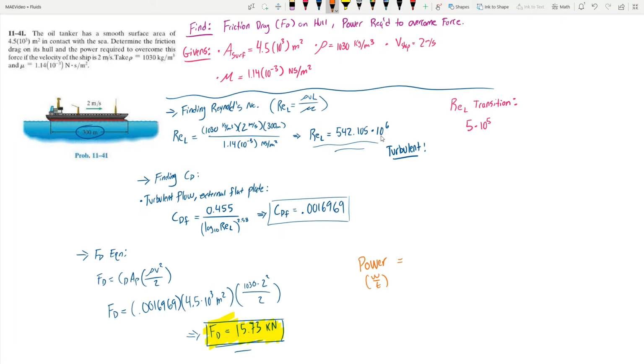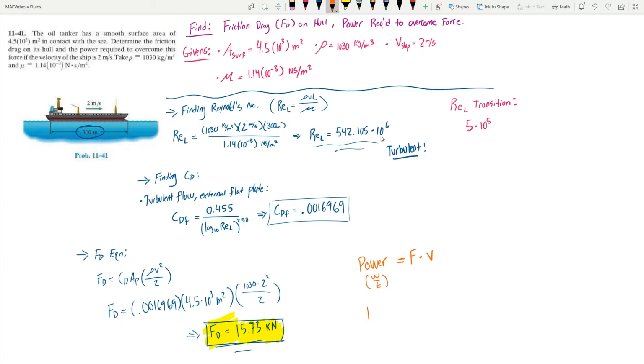If you think about it, you know that work can be expressed as force times the distance. Well, now power, you can also express as a force times velocity. So it's essentially force times distance, but you're going to be dividing that by time to get power. So you know distance over time is just velocity. So that's how you would get that equation.